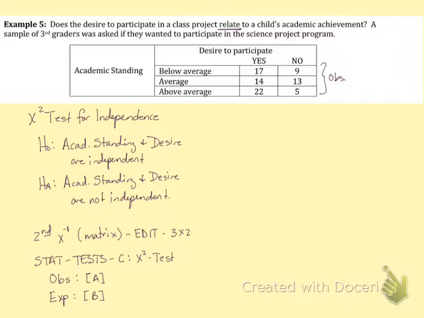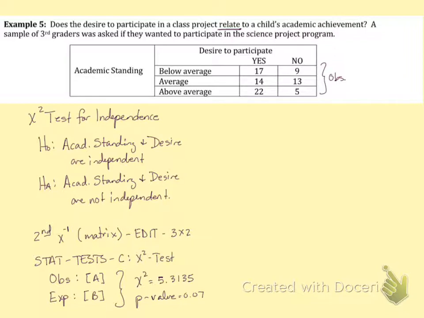So all you have to do is put the observed into matrix A, and then scroll down and hit calculate. And you will get a chi-squared statistic of 5.3135 and a p-value of 0.07.